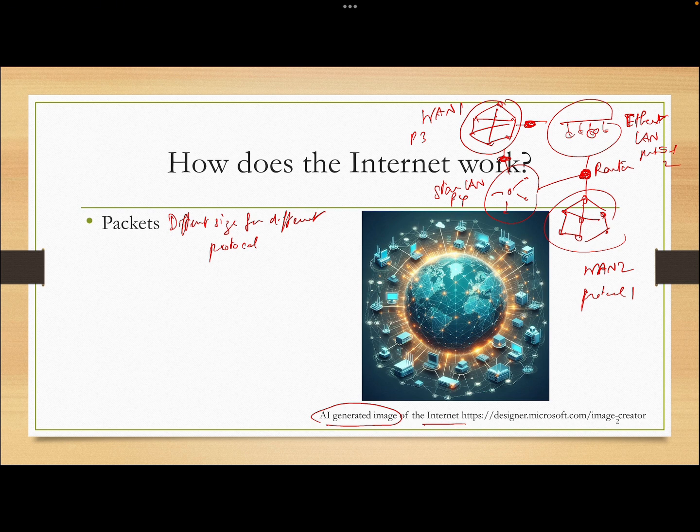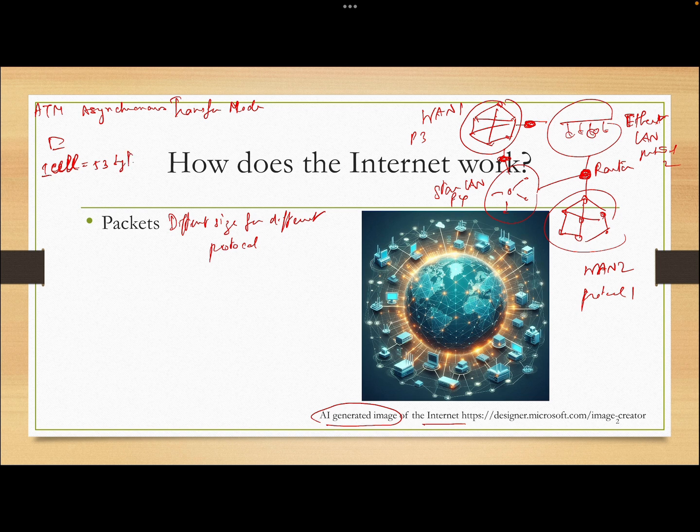Last year I was still teaching asynchronous transfer mode, but since it's very old now, we skip it. But I like to mention it here because it is very small. One cell, or one packet, is called a cell, and it is only 53 bytes.